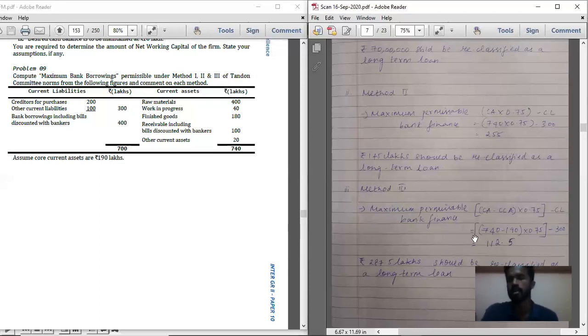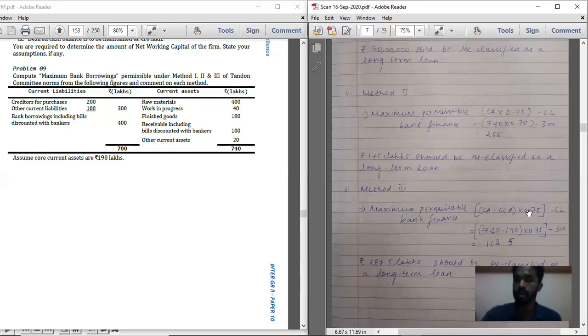So below that, open a bracket, then open a small bracket. What is current assets here? 740 minus what is core current assets? 190. 740 minus 190, close the small bracket, into 0.75. Now close the bracket, minus what is current liabilities? 300.